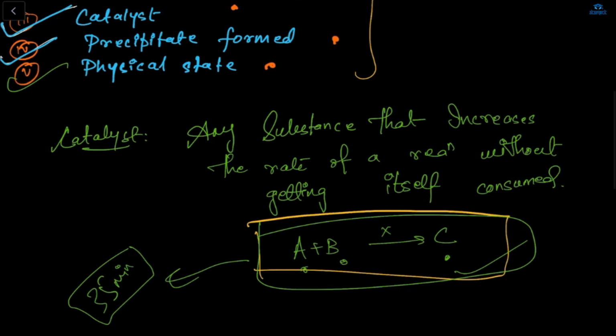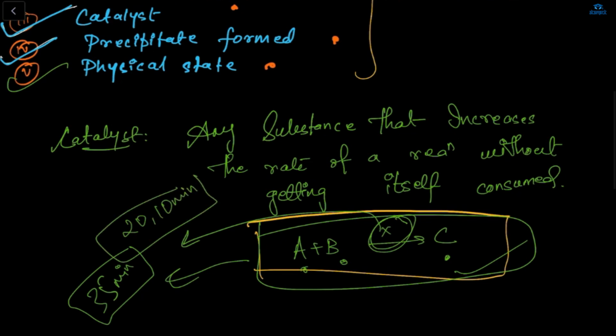A catalyst increases the rate of reaction without getting itself consumed. It means that with the help of a catalyst, it may be that this full equation will convert into product in only, let's say, 20 or in only 10 minutes. So this is basically the use of your catalyst.